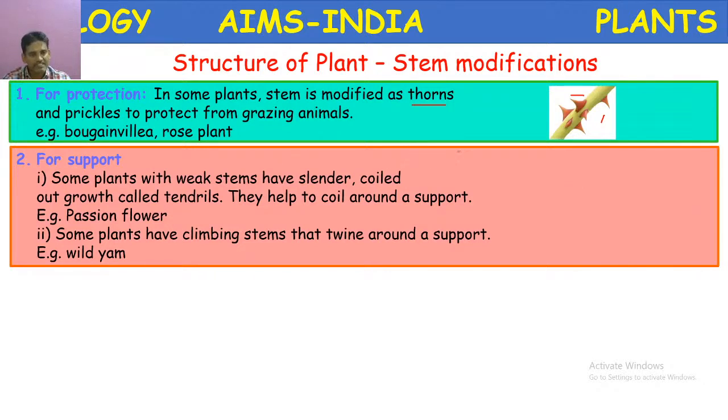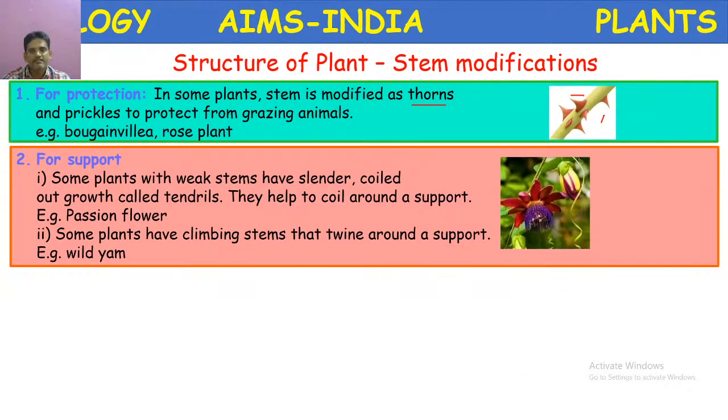So for support, certain plants like climbers, such as beans and different types of gourds, bitter gourd, bottle gourd, snake gourd, with a weak stem have slender coiled outgrowths called tendrils. A very important structure, tendrils. This is a tendril.